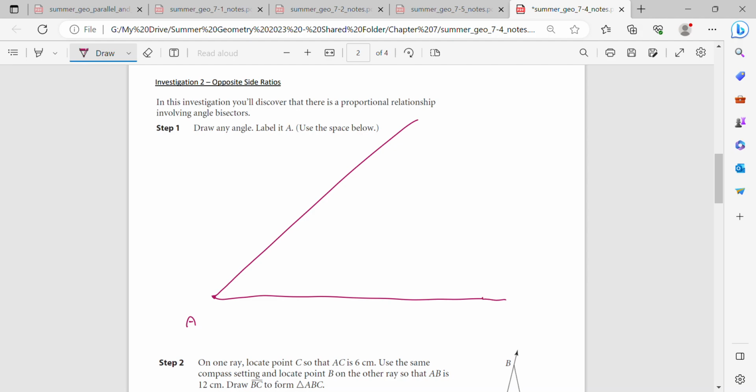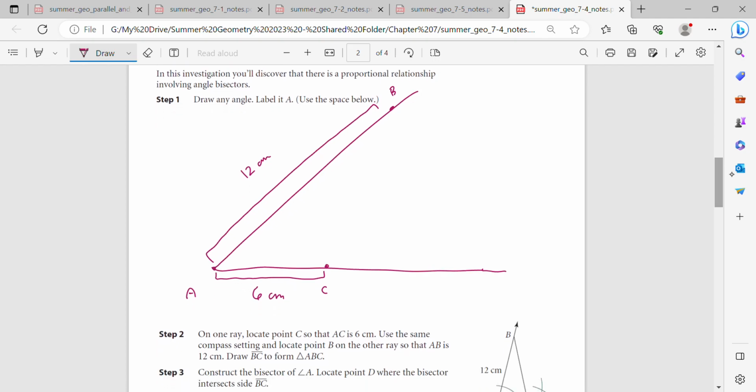So you do want this to be fairly big. And on one ray, we're going to locate point C so that segment AC is 6 centimeters. So go ahead and take your ruler and measure this, and this should be 6 centimeters. And on the other ray, we're going to locate B so that AB is 12 centimeters. So here's B, and this should be 12 centimeters. That's what we should have.